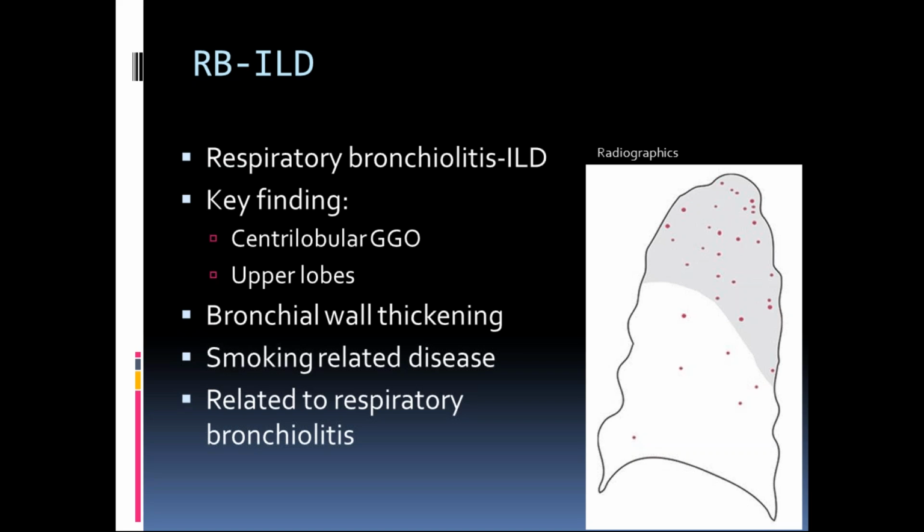So the continuum is you have the RB, then the RB-ILD, and then the second one, which I'm really not going to spend a whole lot of time on because it's not very common, is the desquamative interstitial disease, and that's kind of the end stage where you get some fibrotic changes and stuff like that, but you're not going to run into that very often. This is the most common lecture, so we're not going to talk about it much.